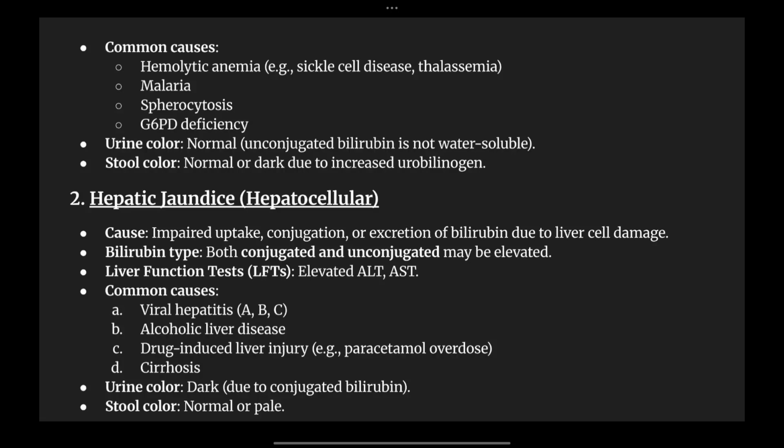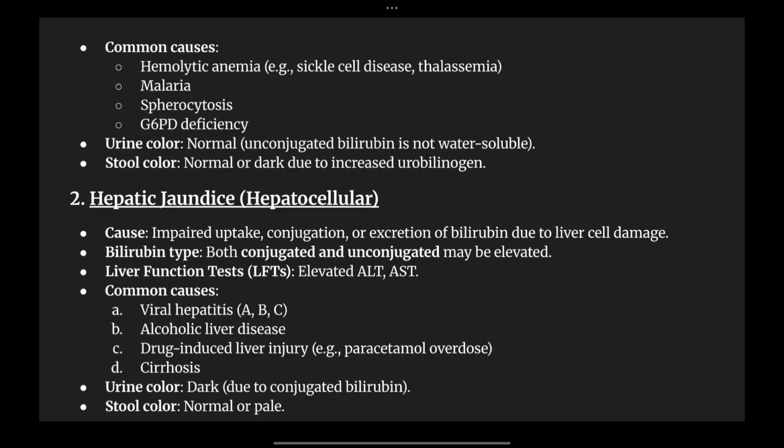Now, G6PD deficiency is a deficiency due to the lack of glucose 6-phosphate dehydrogenase. It is a genetic disorder. So if G6PD is not produced, the RBC's outer protective layer is not produced. When the RBC protective layer, which is glutathione, is not produced, the RBCs tend to blast or break down.